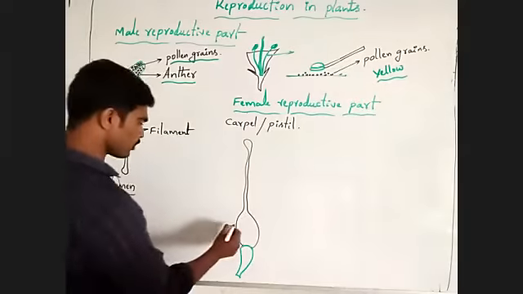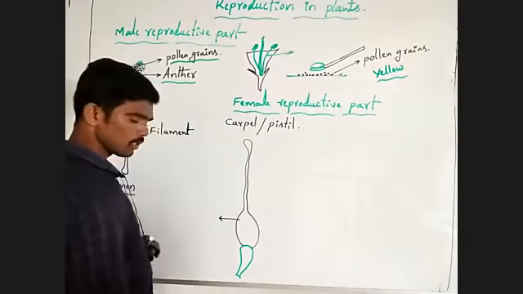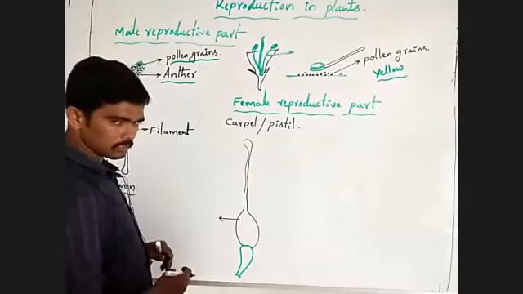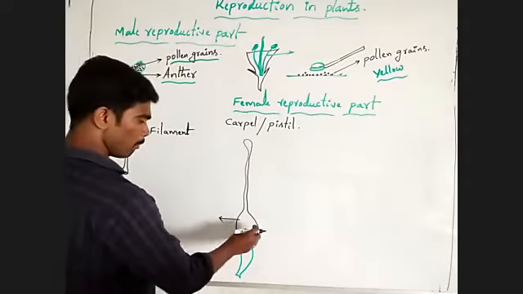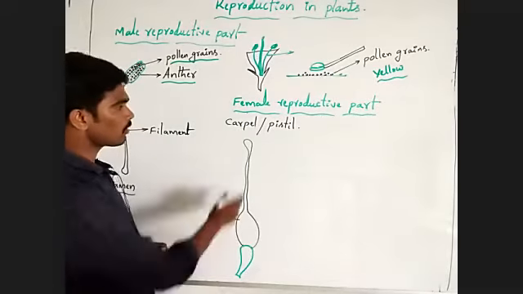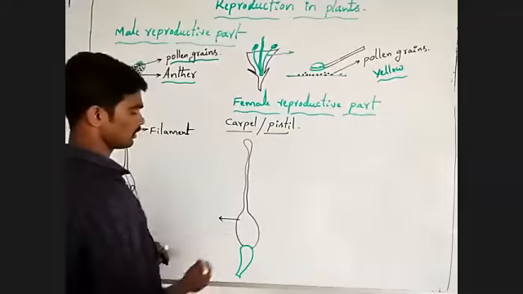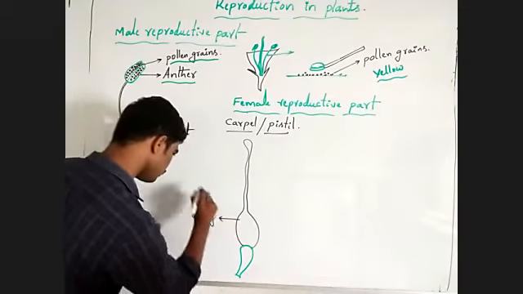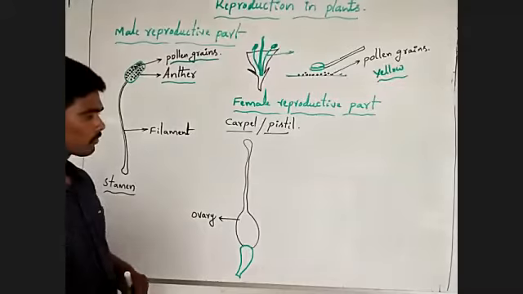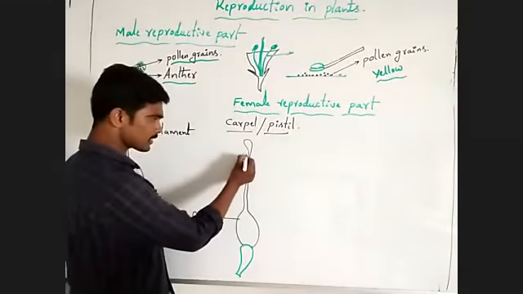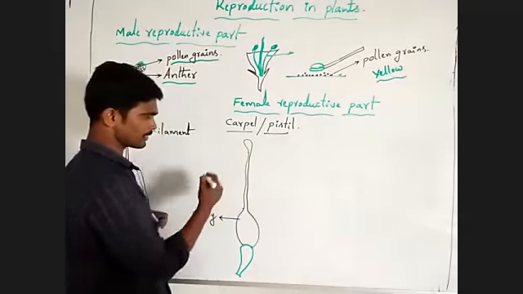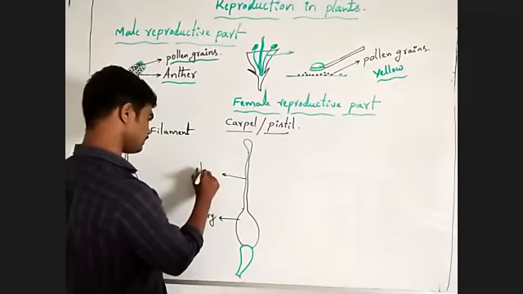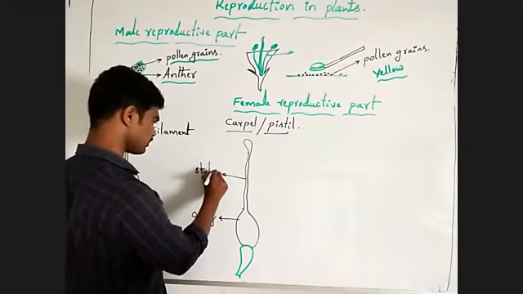Three main parts are present. The swollen, largest basal part of the carpel is called the ovary. A narrow tube-like structure from here to here is called the style.